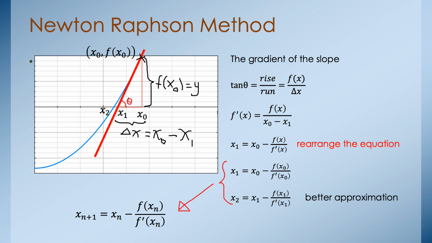And tan theta is also f prime of x equal to f of x naught over x naught minus x1. We rearrange the equation, and now it becomes x1 equals x naught minus f of x naught over f prime of x naught.